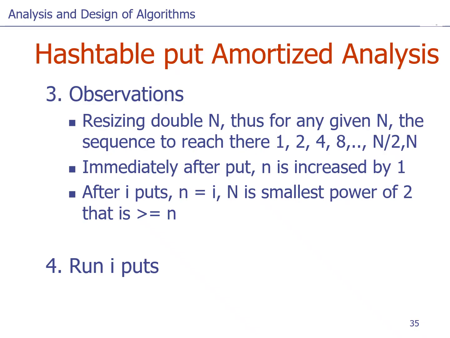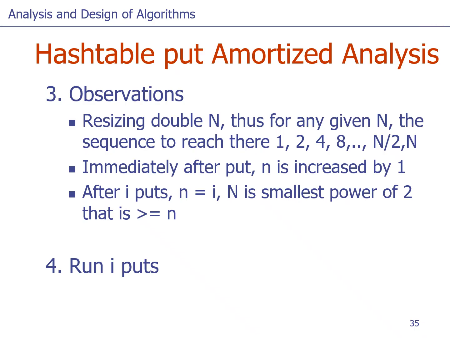Another observation is that after I make a put, obviously small n is going to be increased by 1, because I'm increasing the number of elements in the hash table by 1. Now, I'm going to run i operations. The i operations are all of the same type, they are all put, because I'm analyzing only the put. So after i puts, I will have small n equal to i.